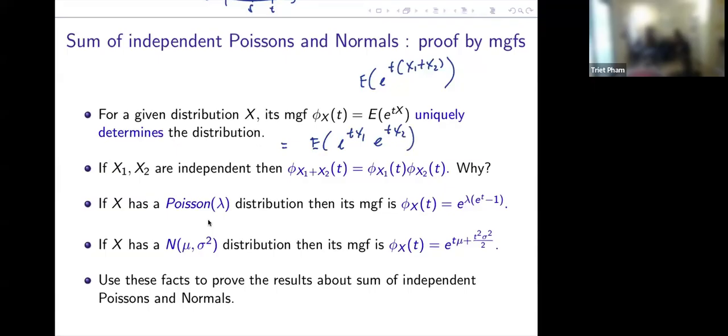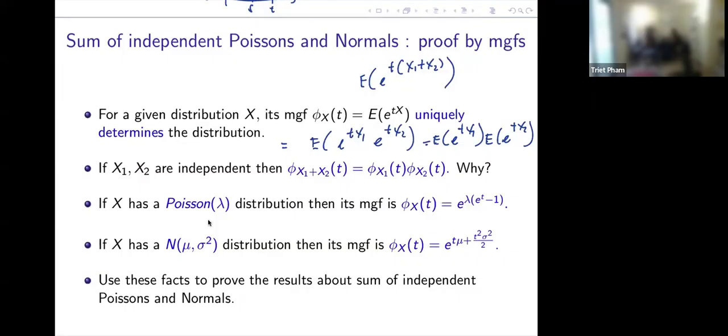But now you use independence of X1 and X2 to split the expectation. And so why is this useful? This is useful because if you know the individual MGFs of X1 and X2, you will know the MGF of the sum by taking the product of the individual MGFs.